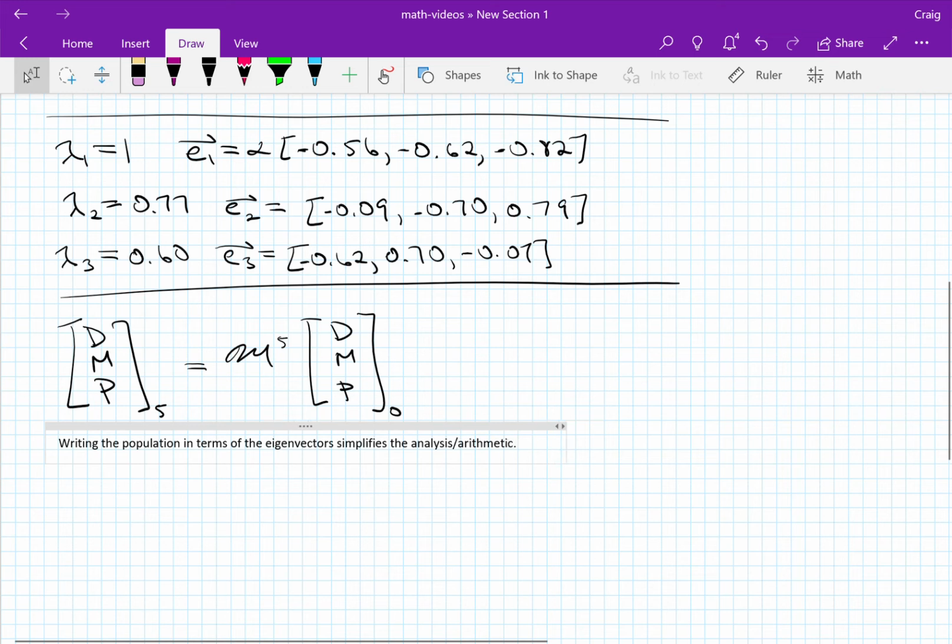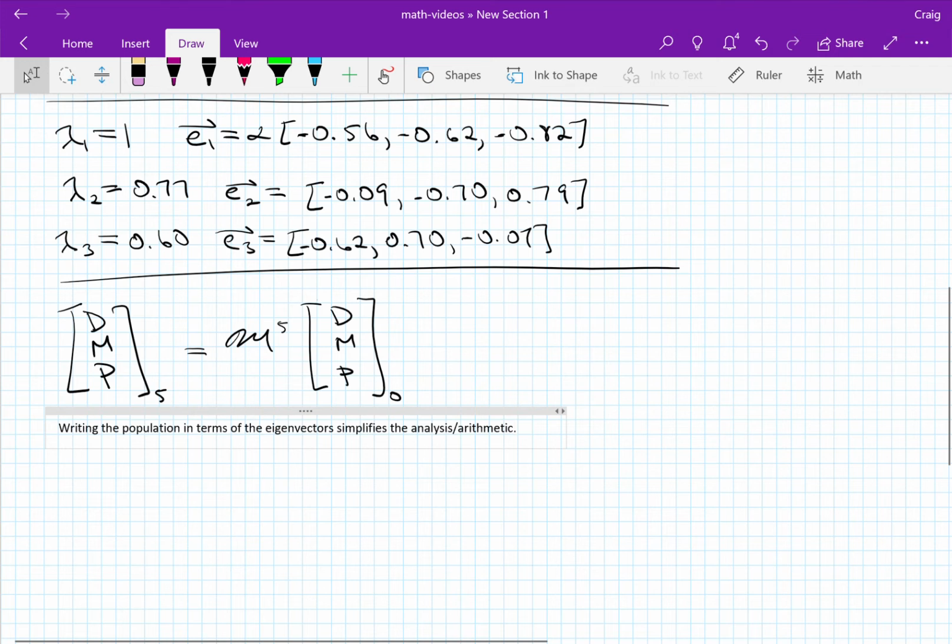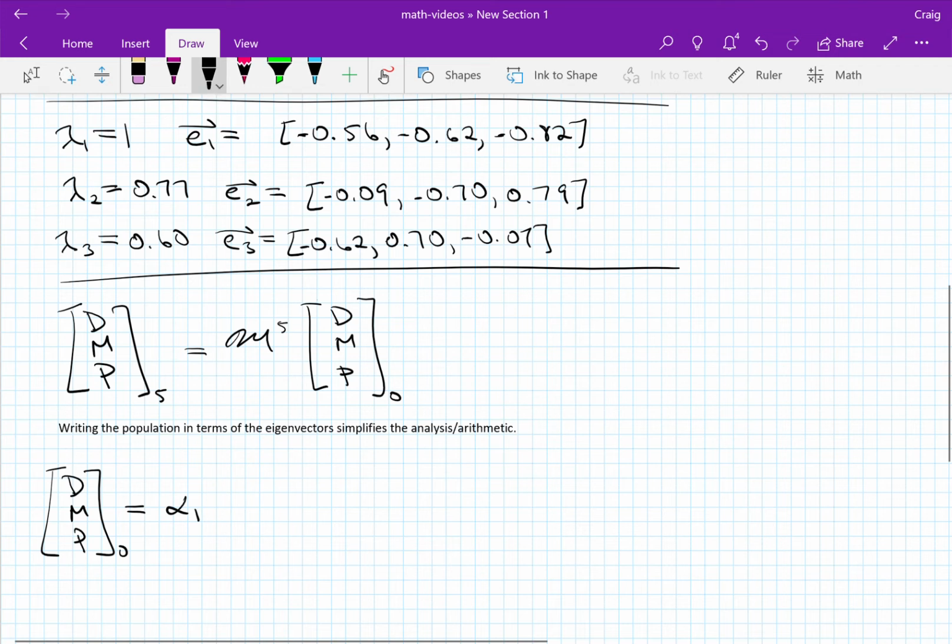So for instance, if I write the population today as DMP in terms of the eigenvectors, so let me write this as alpha 1 times E1 plus alpha 2 times E2 plus alpha 3 times E3.